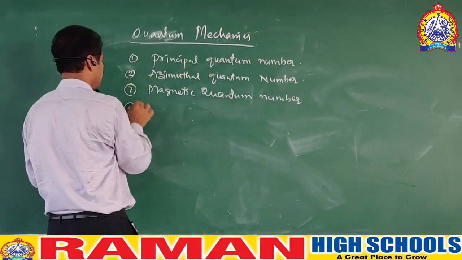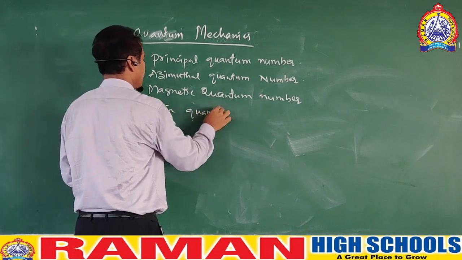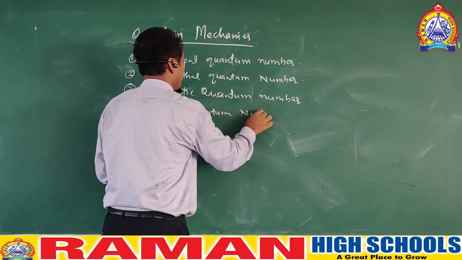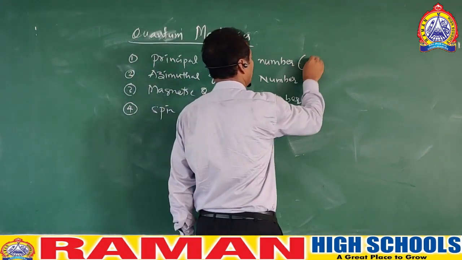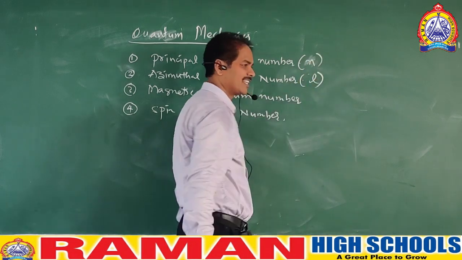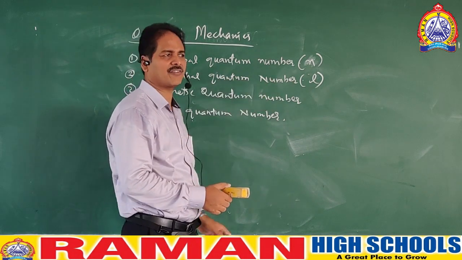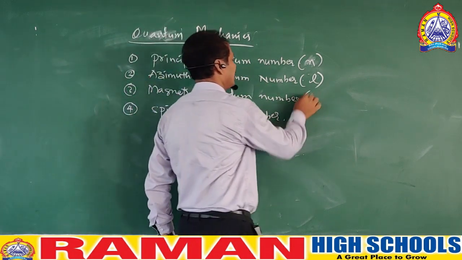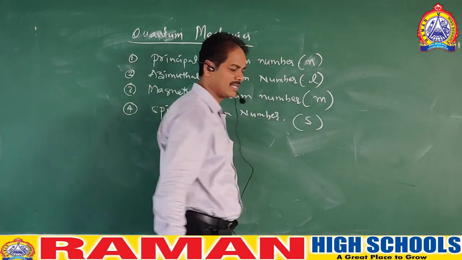Fourth is the spin quantum number. The principal quantum number is indicated by the letter N. The azimuthal quantum number is indicated by the letter L. The azimuthal quantum number is a modification of Sommerfeld's atomic model. The magnetic quantum number is indicated by M. The spin quantum number is indicated by S.